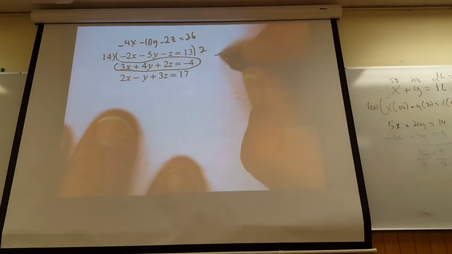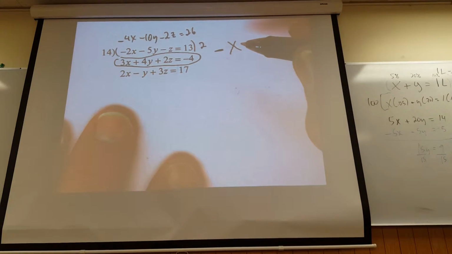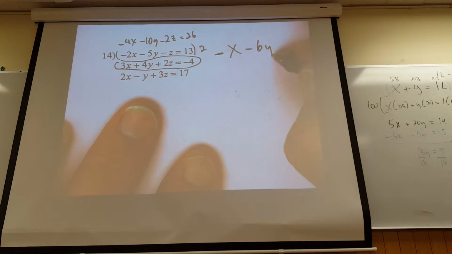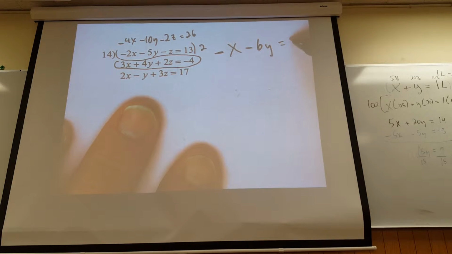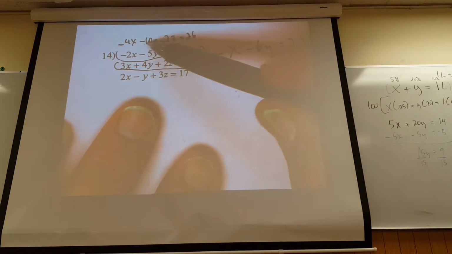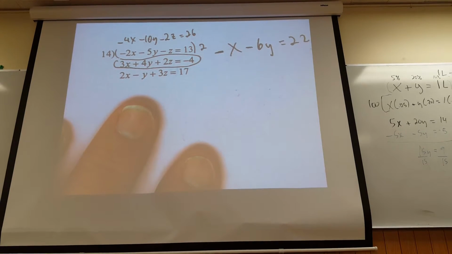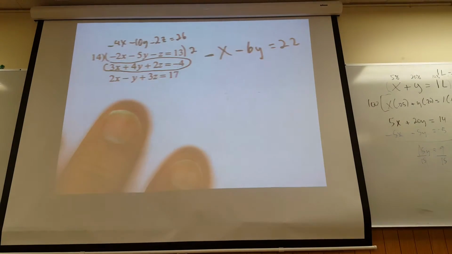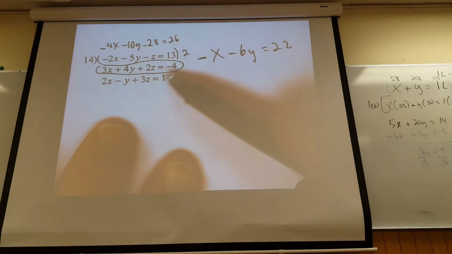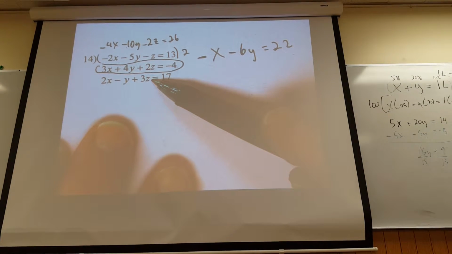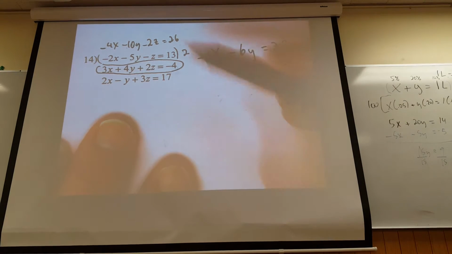So that's negative 1x minus 6y equals 22. So negative 10 plus 4 and 26 minus 4. All right, now if we're going to add this same equation to the bottom one, what do we need to times it by? 3.